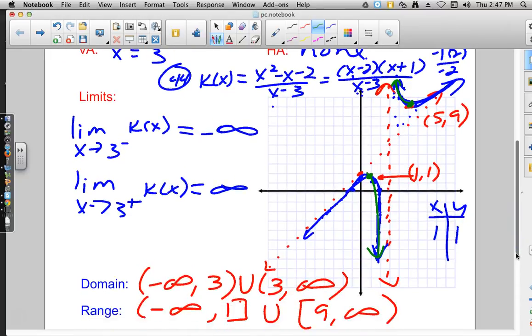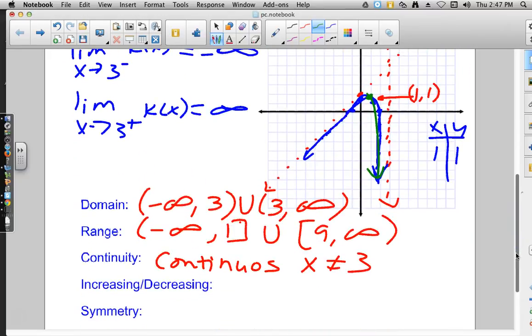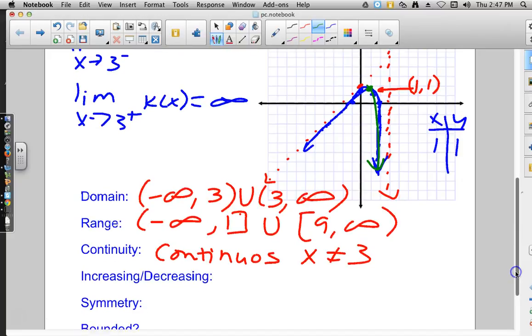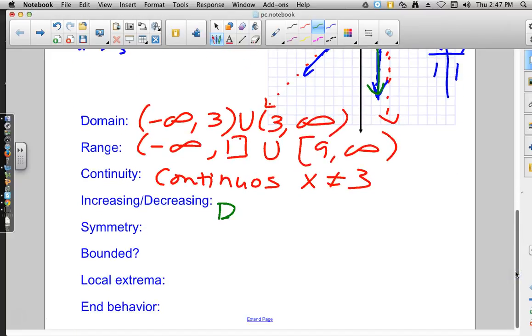So what we want to do is explain where those x values are at that are giving us that decreasing behavior. And that's why it was so important that we're able to figure out that local max and that local min and get those pieces. So we're decreasing from 1 to 3 and 3 to 5.